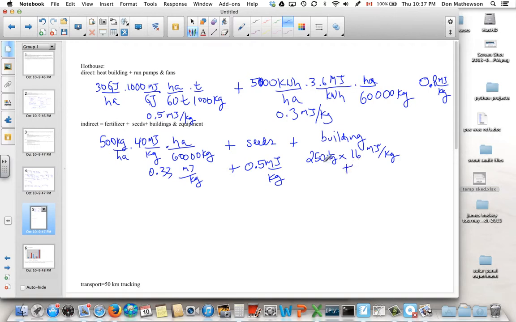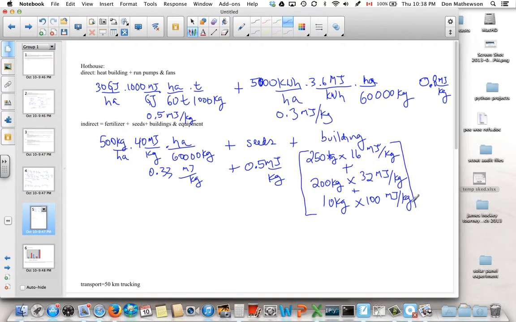Then we've got 200 kilograms of steel, and it takes about 30 megajoules to make a kilogram of steel. Then there was about 10 kilograms of plastic fittings, and it takes 100 megajoules to make a kilogram of plastic.